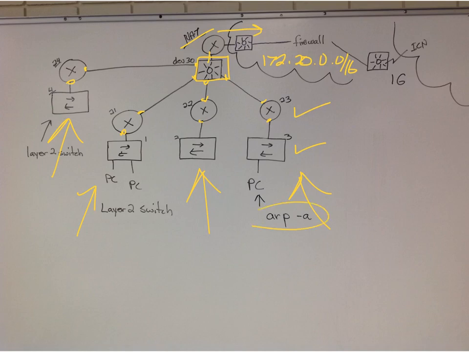Talk a little bit about the computers out here. They do an ARP, and if they can't find the computer they're looking for on their current network, then they do another ARP to the default gateway.